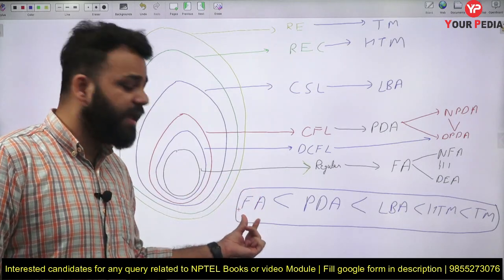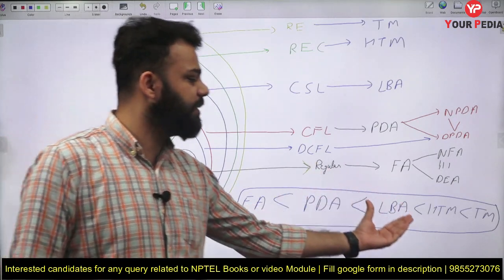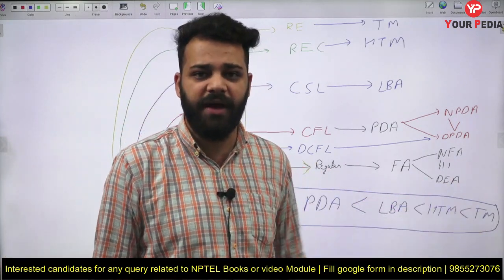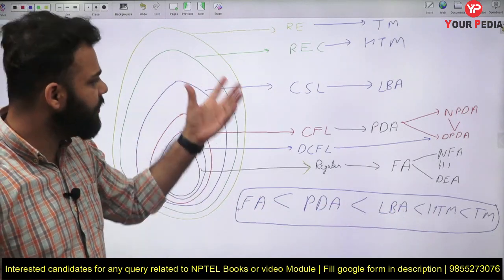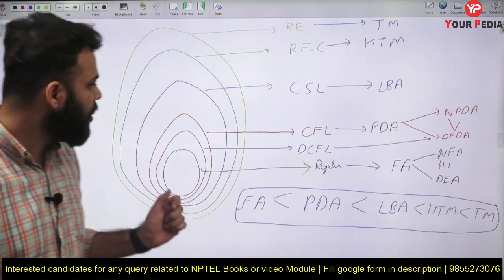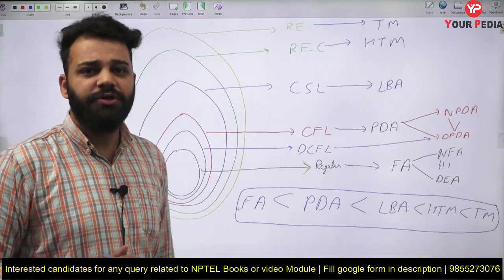So if any language is accepted by finite automata, it will surely be accepted by PDA, by LBA, and by Turing machine. But you cannot go backwards. So this is the Chomsky hierarchy that was given by Chomsky.